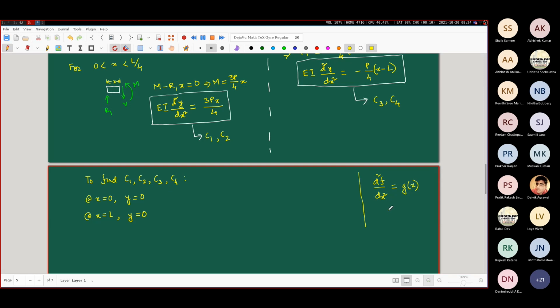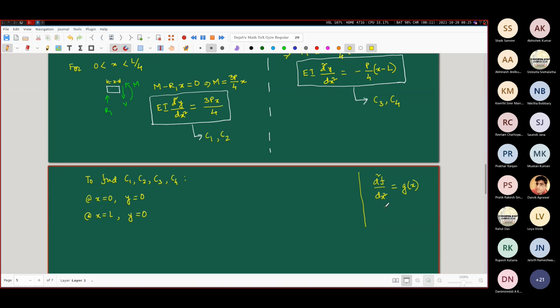No, I'm talking about the boundary conditions. What I mean to say here is that the boundary conditions should be expressed in such a fashion that if at all they involve derivatives of f with respect to x, they should be at most of order 1.